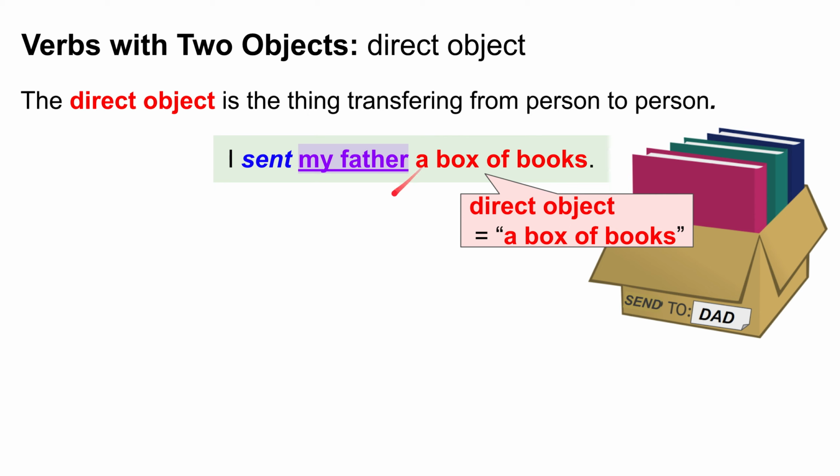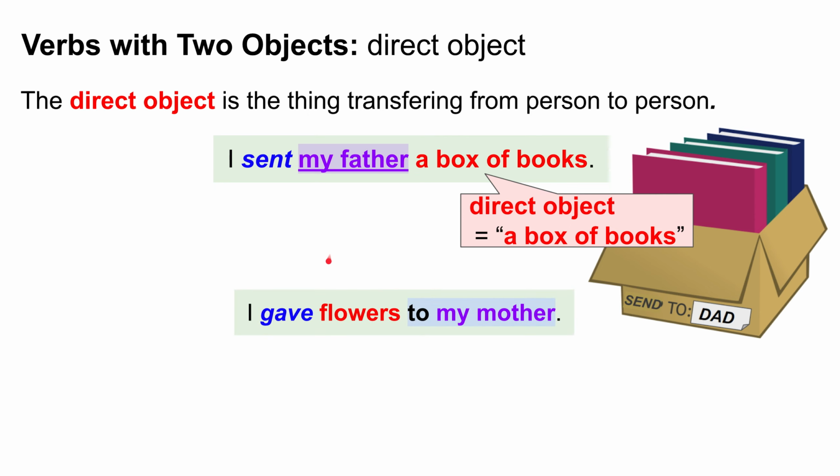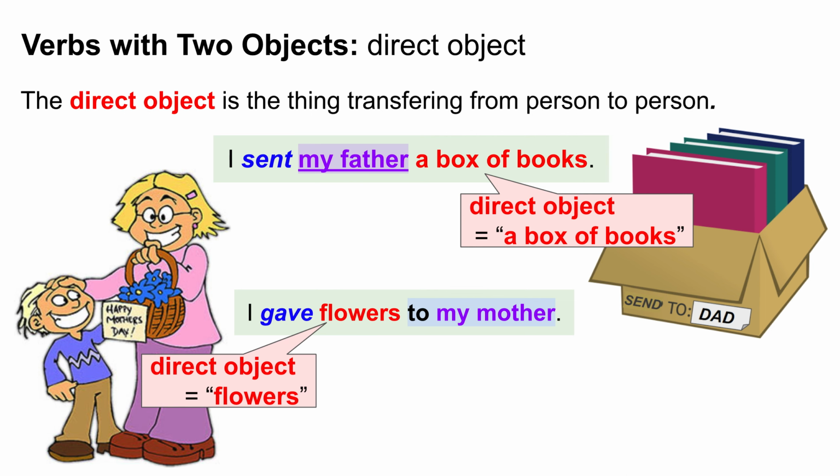That is the direct object. Let's look at another example. I gave flowers to my mother. What is being transferred from I to my mother? Flowers. The direct object is flowers. So the direct object is the thing transferring, moving, or being prepared from person to person.